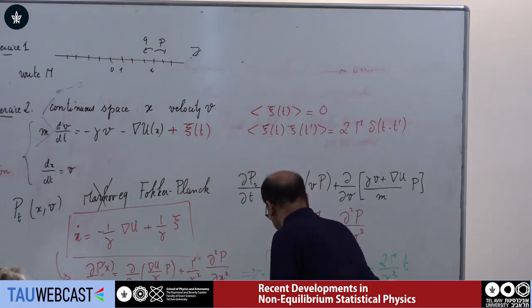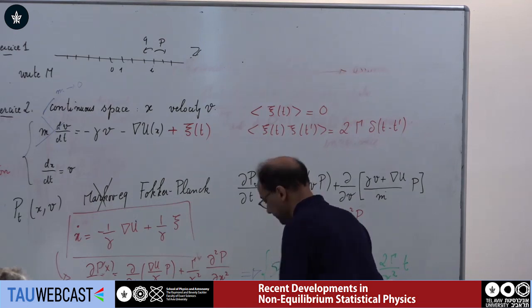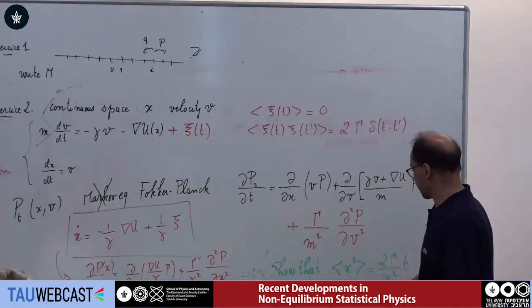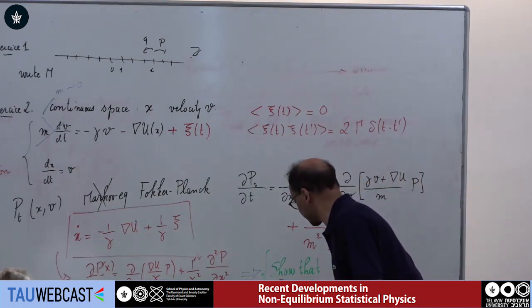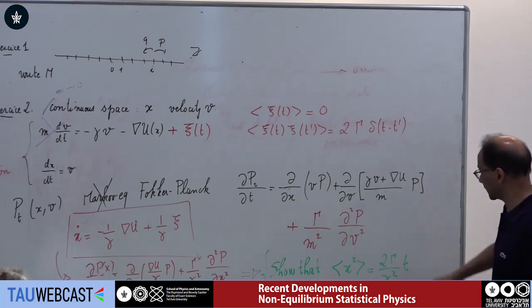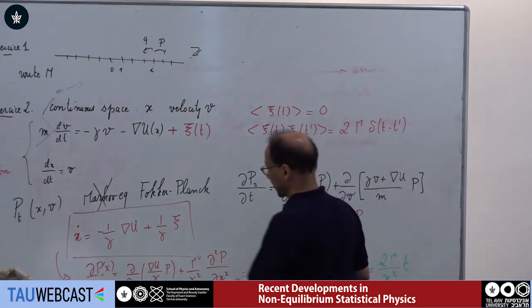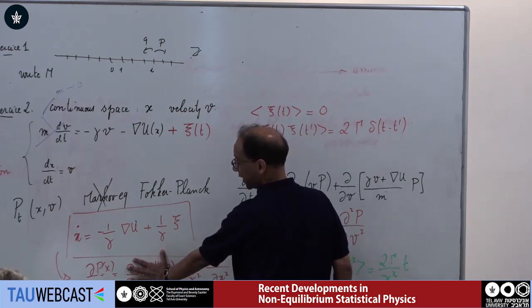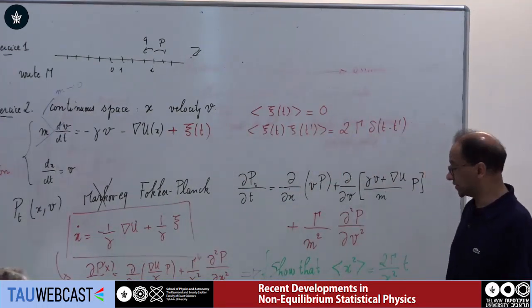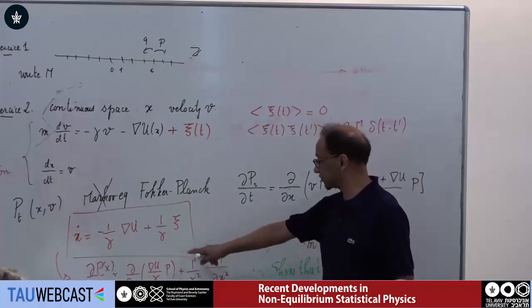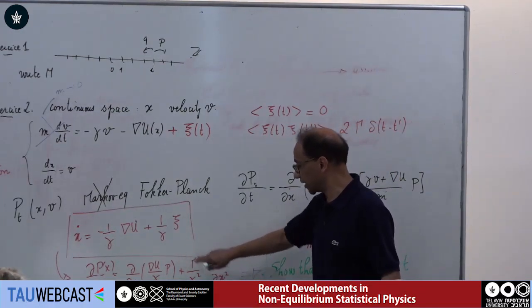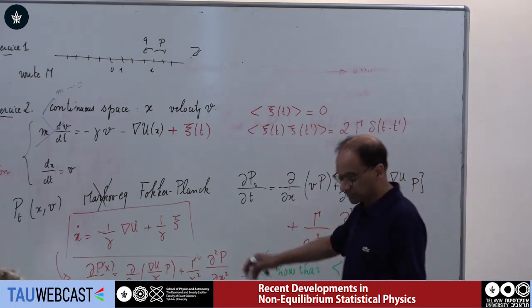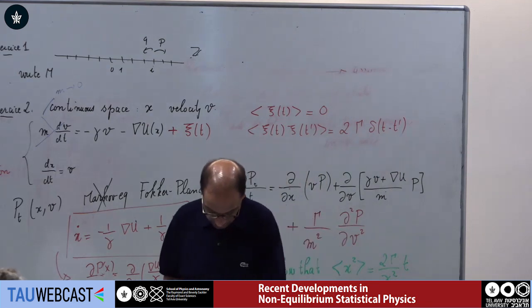Free Brownian motion, for U equal to 0. Sorry for that. Thank you. So for free Brownian motion, if U equal to 0, you have a linear growth of x squared. So the idea is simple. Just multiply by x squared on both sides, integrate by parts, and you will see that d/dt of x squared is given by 2 gamma over gamma squared. Okay? So you get Brownian motion from this equation. This is Langevin's point of view.